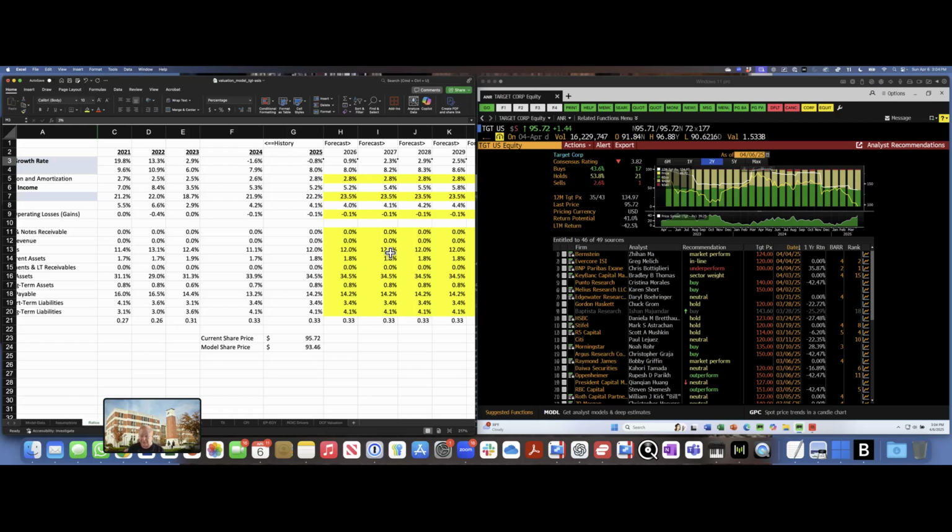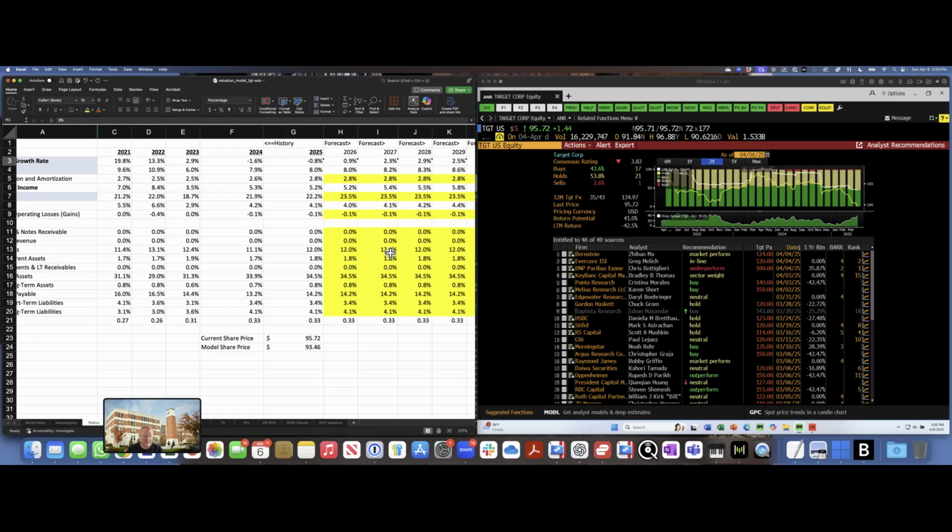So, long story short, you might have a slightly different view depending on when you turned it in last week and worked on the assignment. If you worked on it in class on Wednesday and turned it in on Wednesday, then you would have a $105 share price, and you might actually be more towards the buy side and a little more optimistic on Target, given everything we just read.